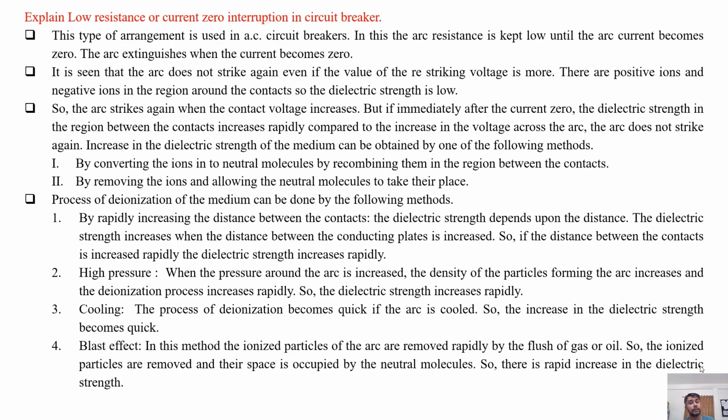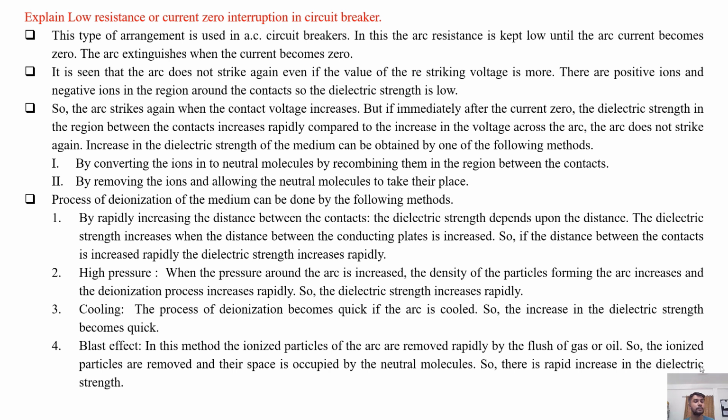Now cooling. The process of deionization becomes quick if the arc is cooled. So the increase in the dielectric strength becomes faster, and the cooling of the arc allows the dielectric strength to build up rapidly. Blast effect. In this method, the ionized particles of the arc are removed rapidly by the flush of gas or oil in the medium.